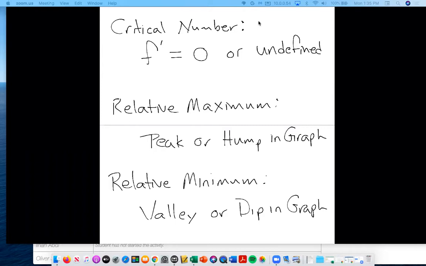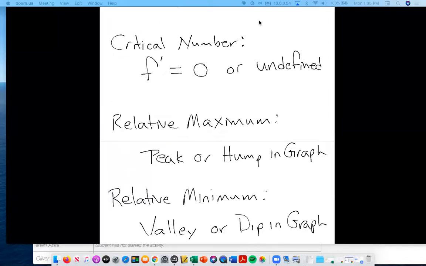They're really describing the characteristic of the graph more than anything. Any questions on that before I move on?